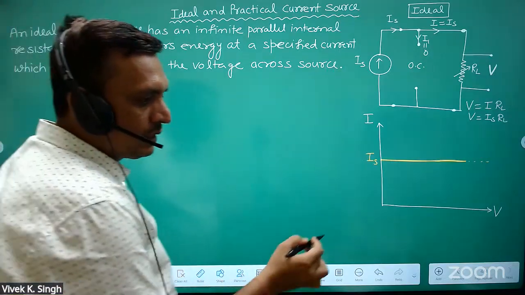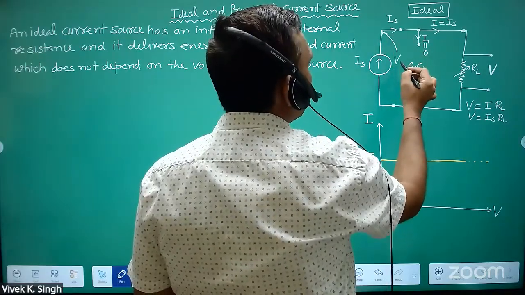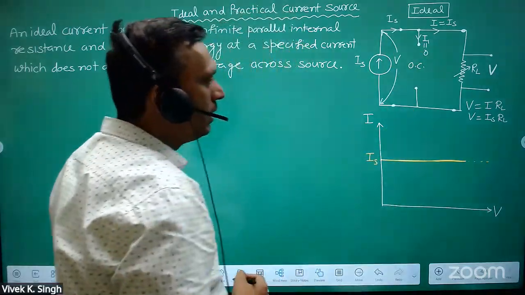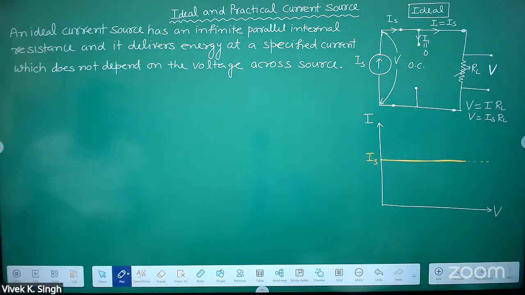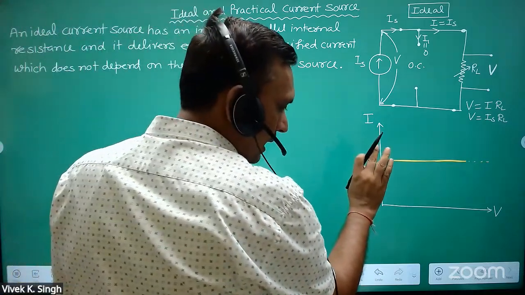Because parallel voltage is same, so this voltage is same, this voltage is also same. This voltage is V, voltage across the source. Is it clear? So this is the ideal situation.